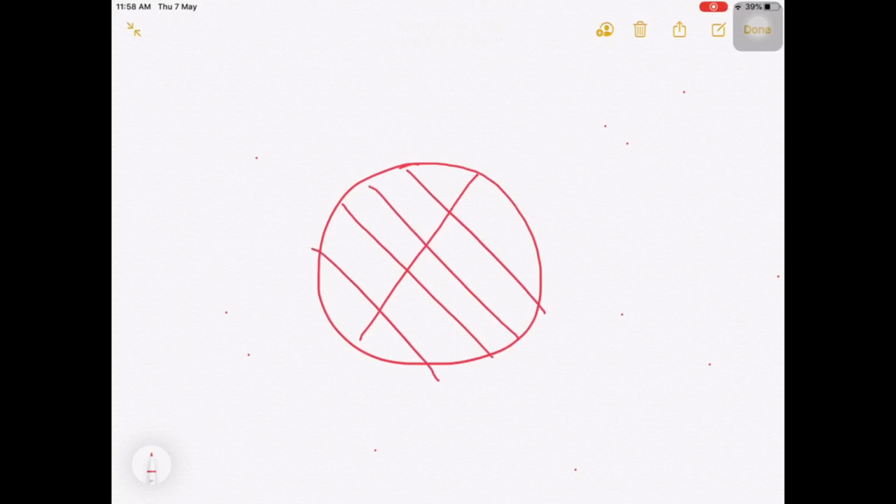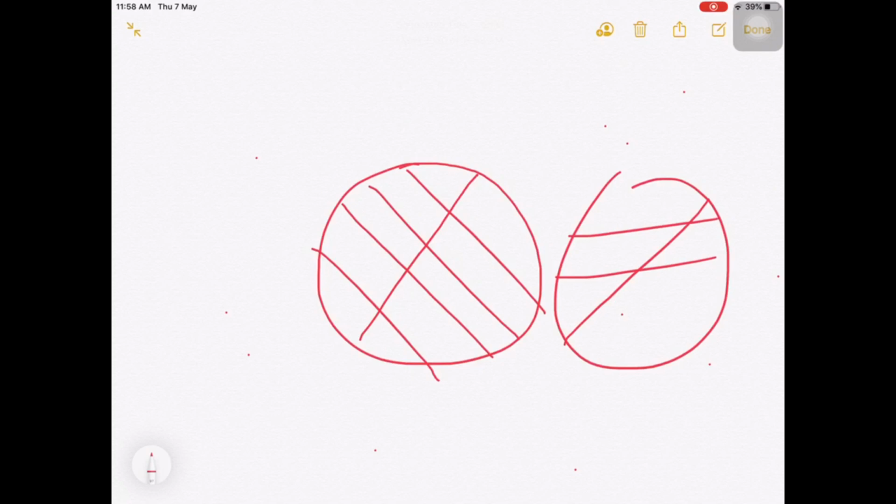There is no other way to draw that. If you draw the axis like this and draw the lines straight, that will be a completely wrong diagram. So this is the correct diagram.